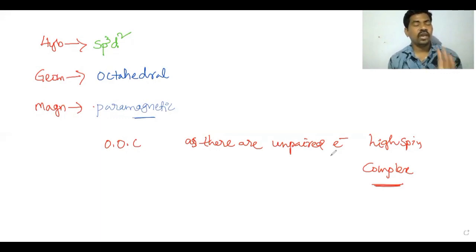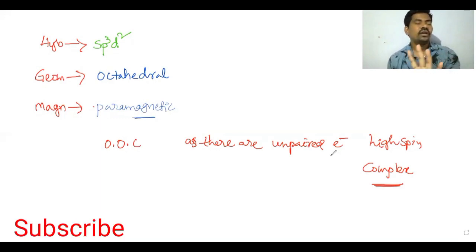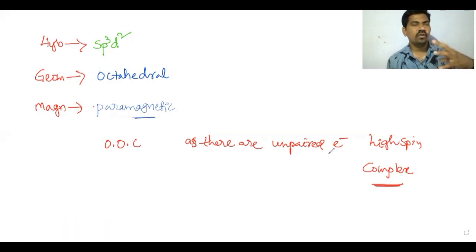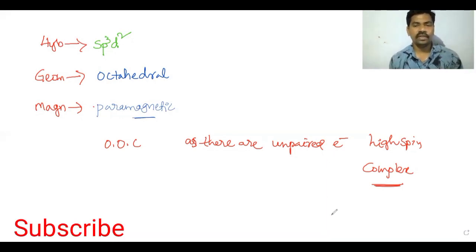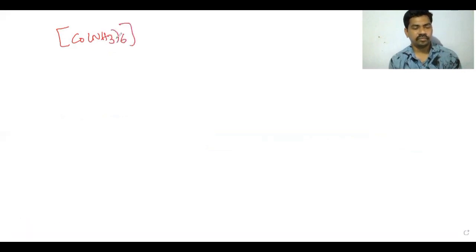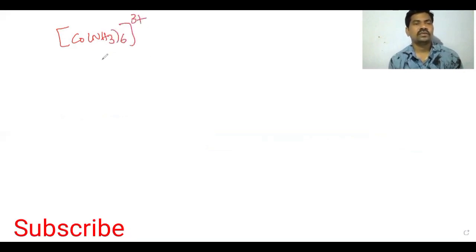Just keep in mind whether the ligand is a strong field or weak field ligand. So we can solve one more example depending upon this trick. Another compound is Co(NH3)6 3+.